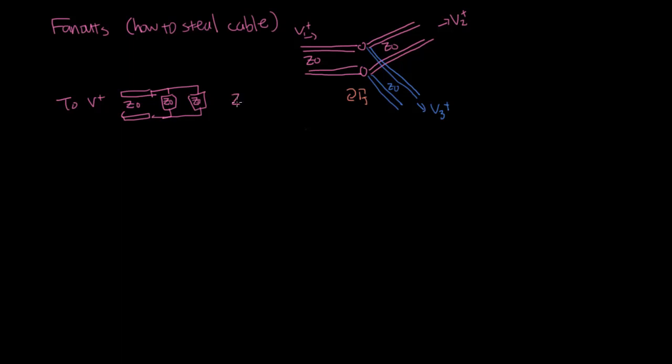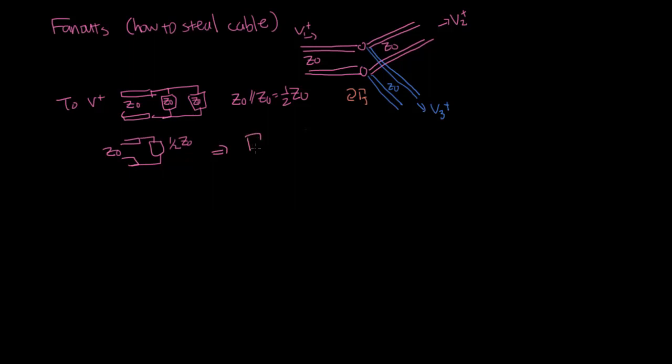And note that Z0 parallel with Z0 is going to be equal to 1/2 Z0. So effectively what it sees is you have a Z0 and then you're terminating it with an impedance of 1/2 Z0. That's what it looks like at the moment it hits the junction.